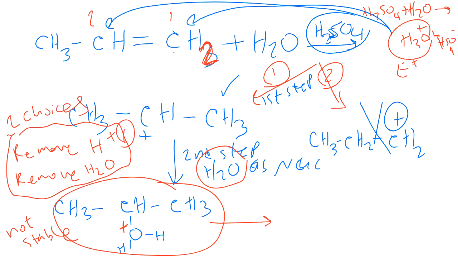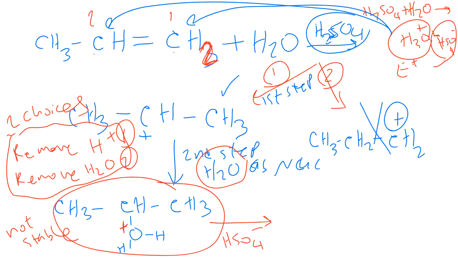One, I have to remove H plus. How am I going to remove H plus? H plus can be removed by what you have here, HSO4 minus. HSO4 minus can come and abstract one hydrogen.